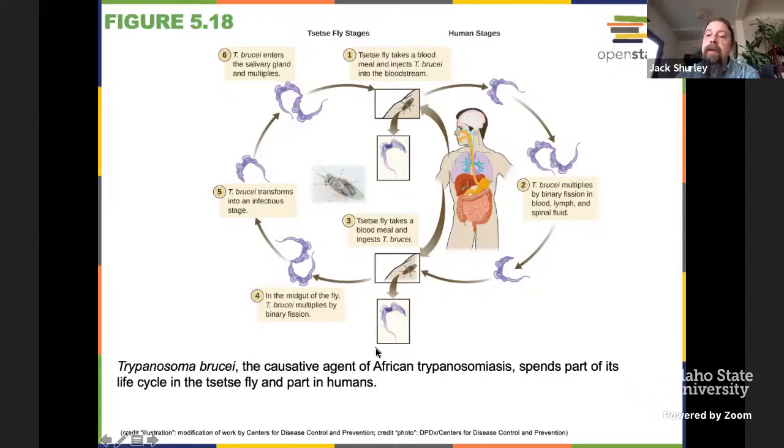If we were to look at them morphologically, you couldn't tell them apart, but they are different. They're different as far as the type of disease that they might cause. They're different as far as what they might infect. There are 3 different types of them, one of them only infecting livestock and 2 of them infecting people. So I'm not going to bog you down with that stuff. We'll just focus on the trypanosomes just as a generalization.